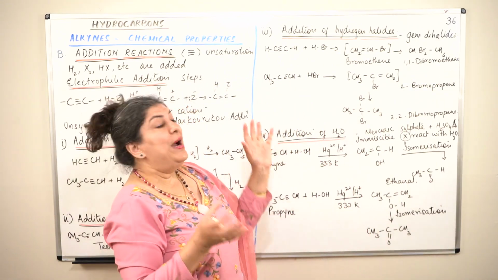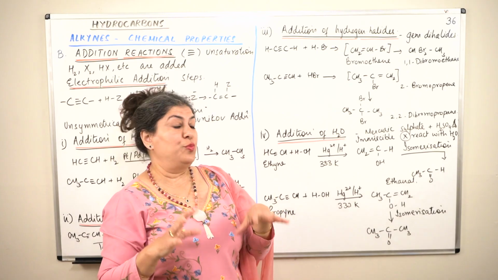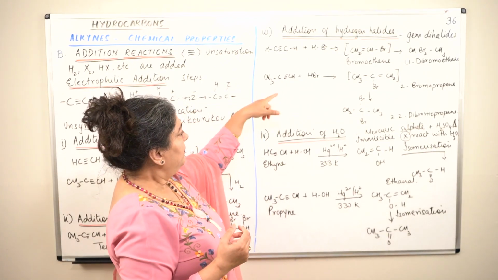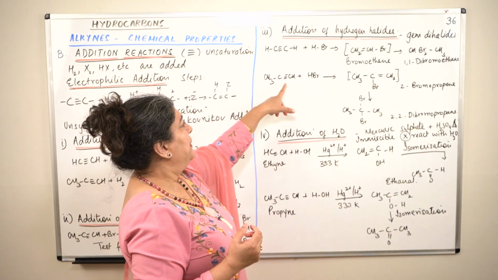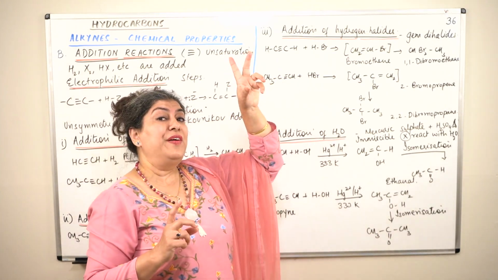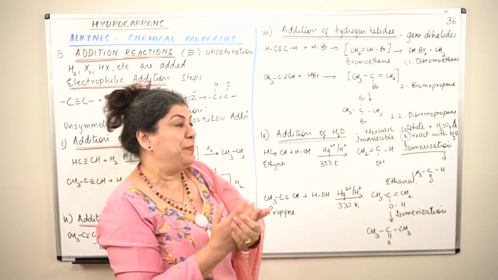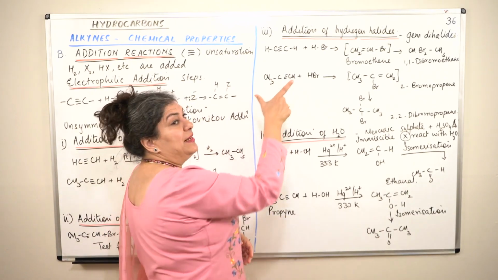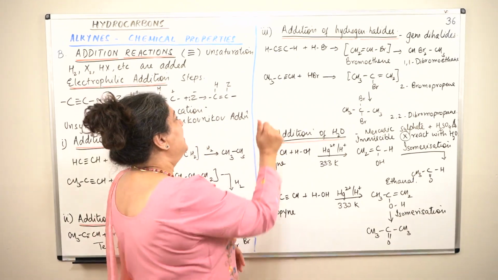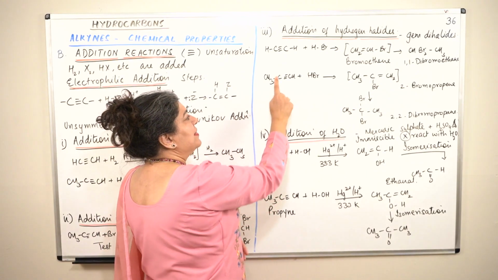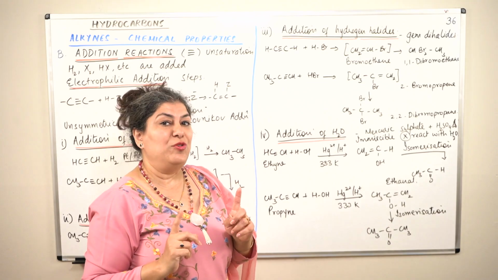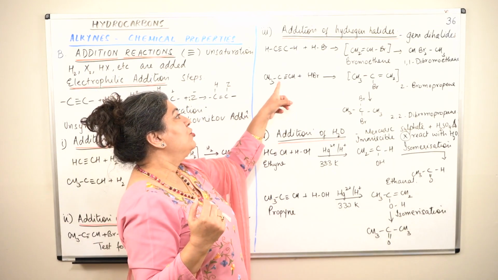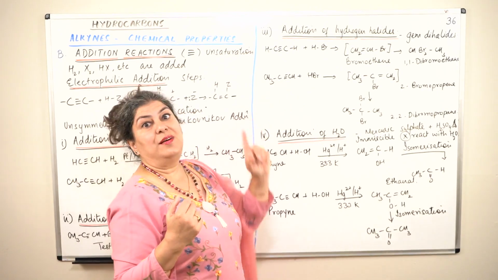Right? If you had an unsymmetrical alkyne, this would become even more pronounced. In the unsymmetrical alkyne, Markovnikov addition will be seen in the first step itself. Why? Because here the alkyne is unsymmetrical. Since it is unsymmetrical, already this carbon has lesser number of hydrogens. So it is understood that when the addition takes place, the bromine will add to this carbon and not this carbon.